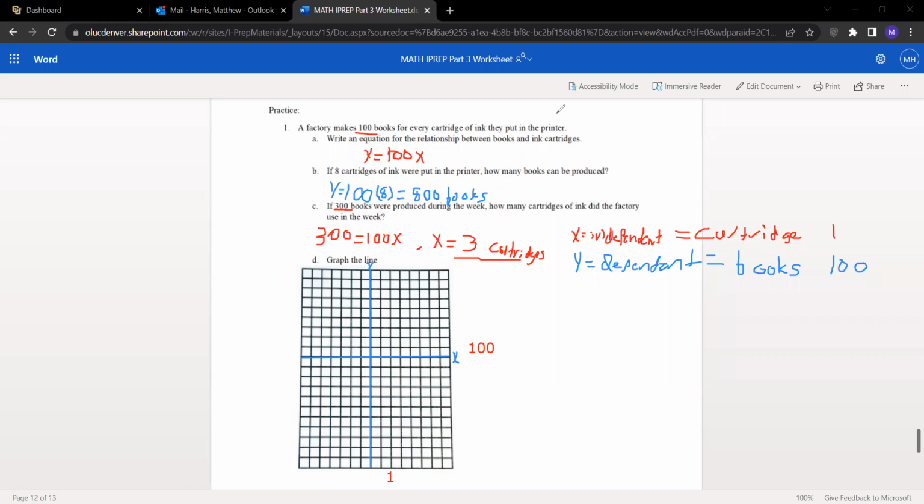So now let's plot some points. First, we know we have a y-intercept of 0, so we have a point at 0, 0. If we have no ink, if we have no cartridges, we have no books.